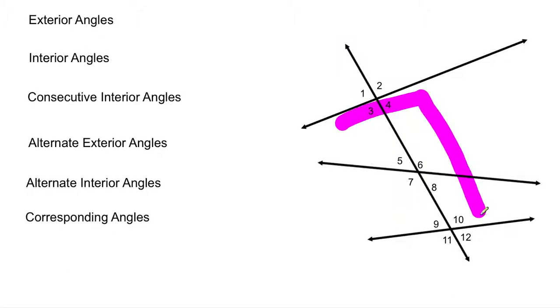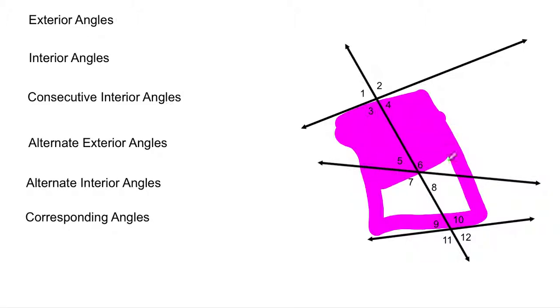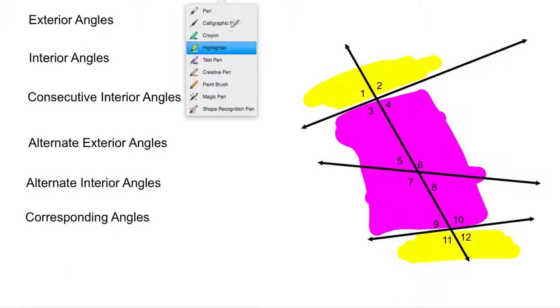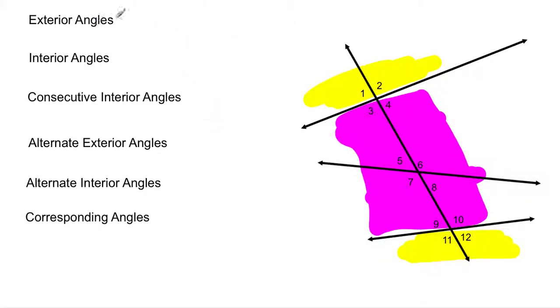All in here is my interior zone, and this on the outside is my exterior zone. So for my exterior angles, I'm going to have angles 1, 2, 11, and 12. They are all exterior.